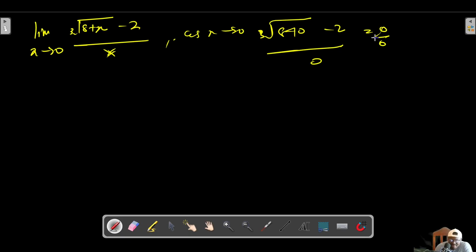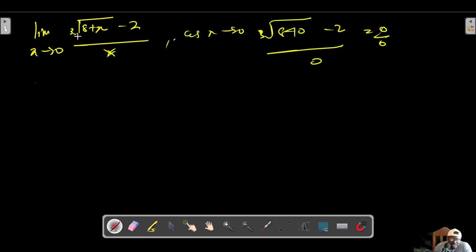Now, if you have an indeterminate and our numerator or denominator contains a radical, what do we do? We try as much as possible to rationalize, right? I'll talk about the rationalization second, but then let us use the second method I said.